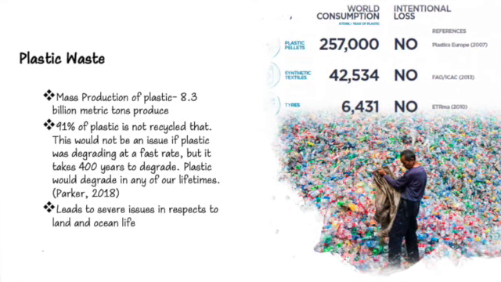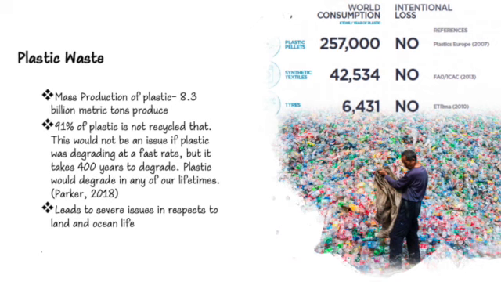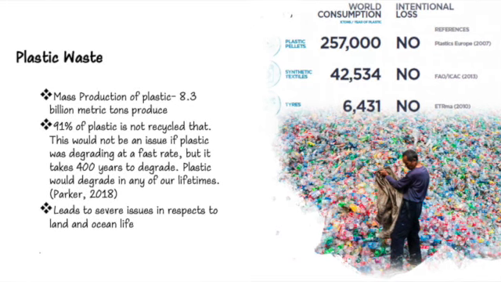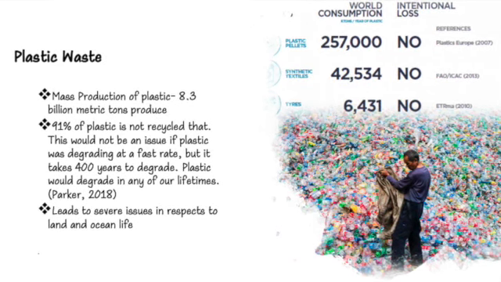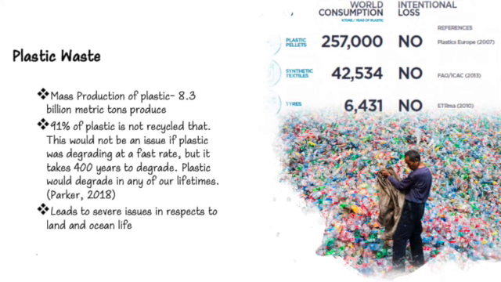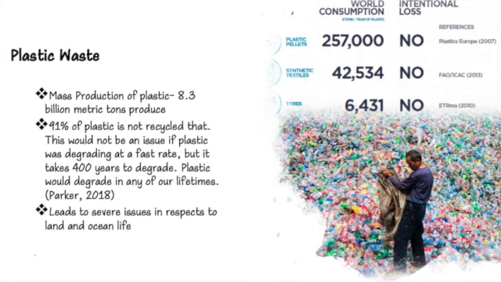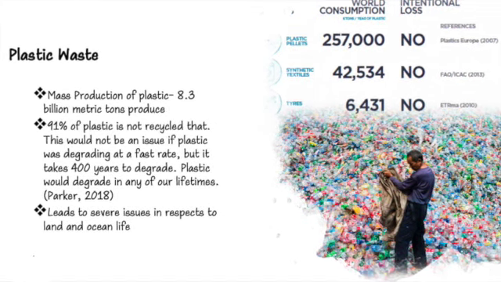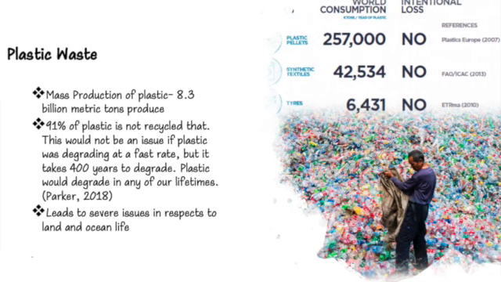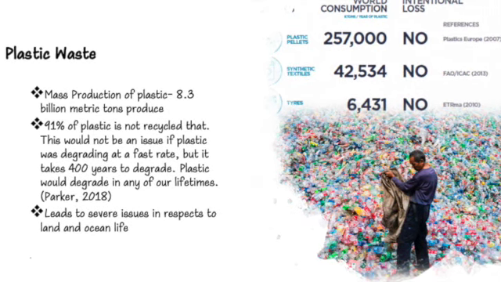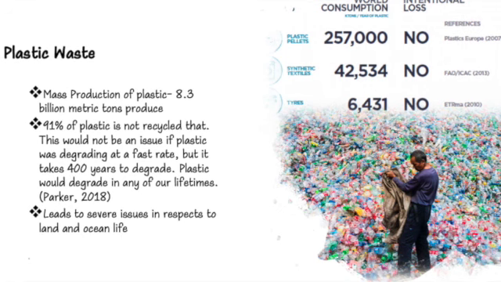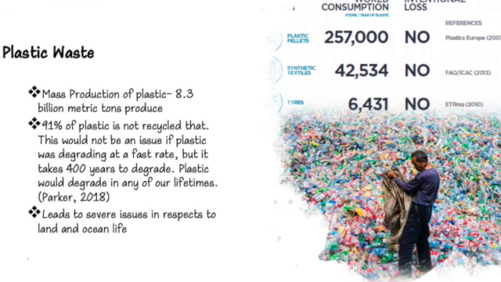This is an issue since it takes a while for plastic to degrade, a total of 400 years. And with the amounts that plastic is being produced, we won't see that in any part of our lifetimes.